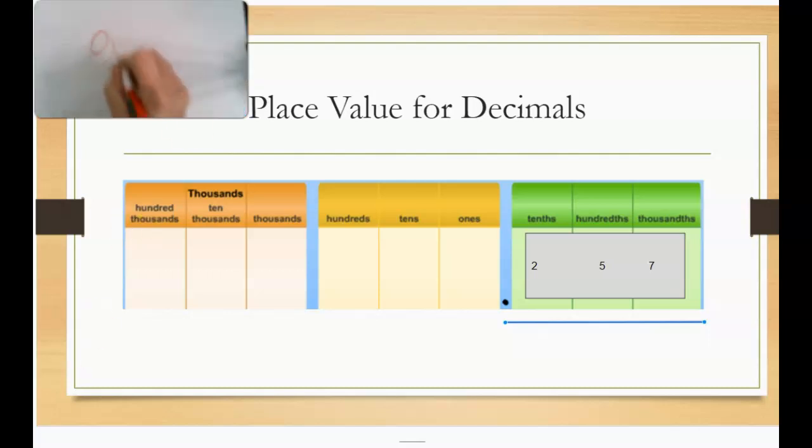So I have a 0, a 2 in the tenths place, a 5 in the hundredths place, and a 7 in the thousandths place. 257 thousandths turned into a fraction is 257 over 1,000.